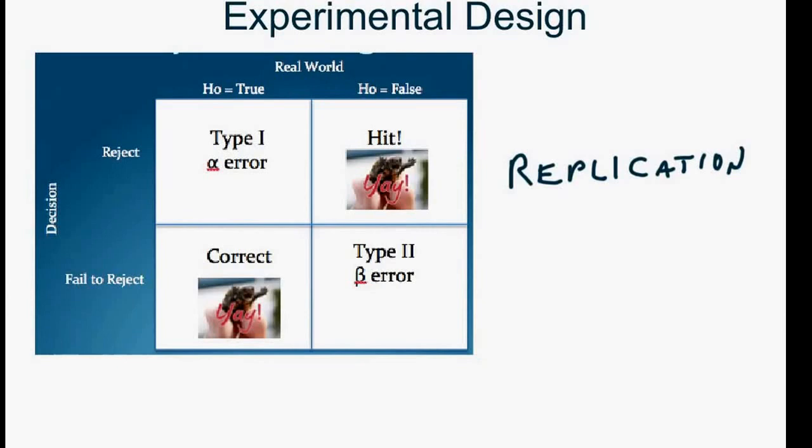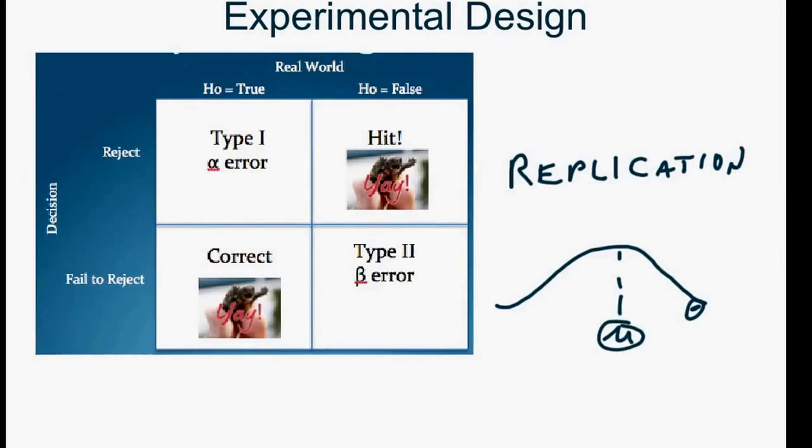Okay, researchers say, okay, that's really interesting. However, there's always a chance that you made a type 1 error and just happened to find a sample from this population that behaved uniquely or differently. But they really did come from this population. So we must replicate or repeat the study and see if we get the same finding again.